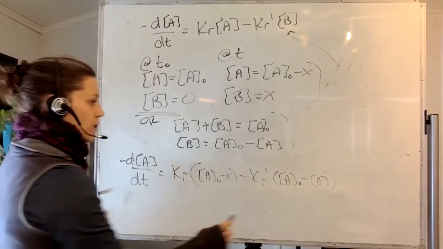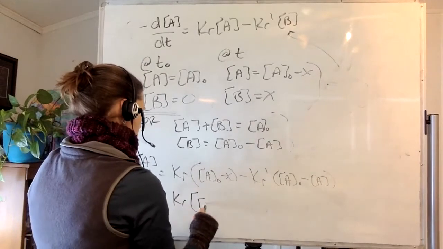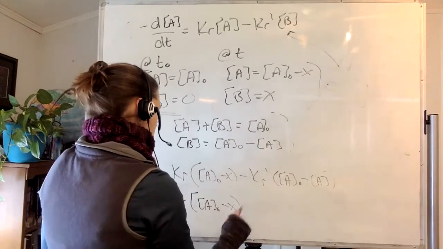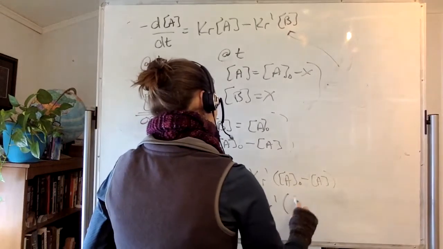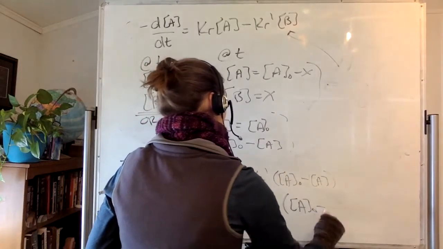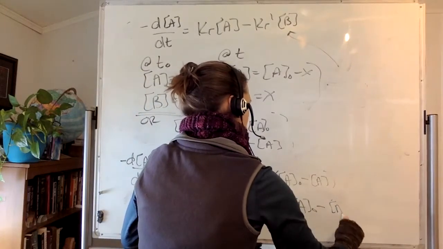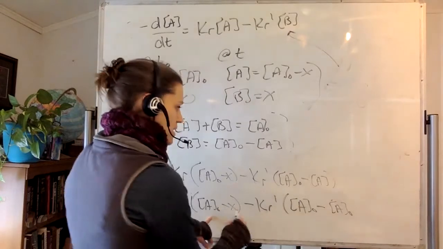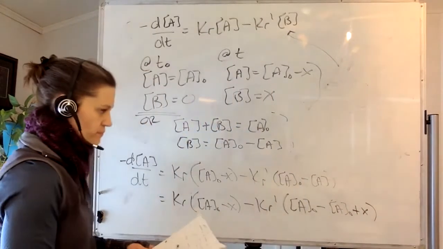So this is Kr times A0 minus X, minus Kr prime times A0 minus the quantity A0 minus X, but there's a negative sign here, so this is going to be plus X. Cool.